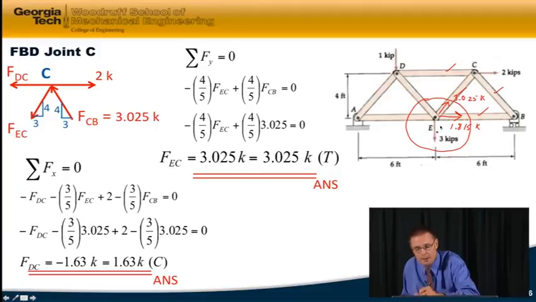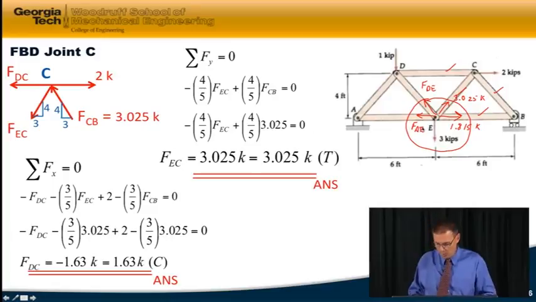We have 3 kips down at point E. We don't know what these two forces are, so we're going to assume them in tension. And we're going to go ahead and analyze that joint. So please go ahead and do that on your own.